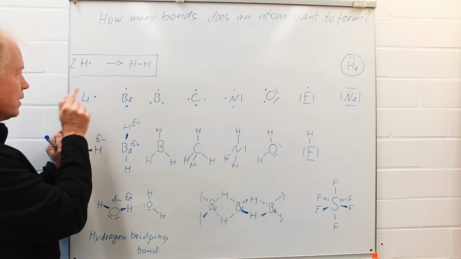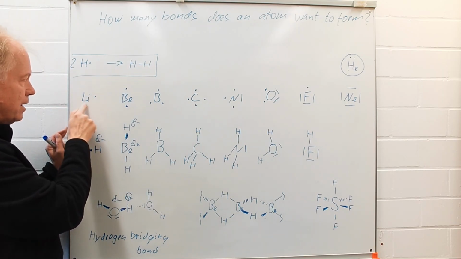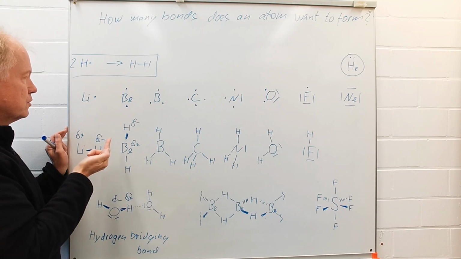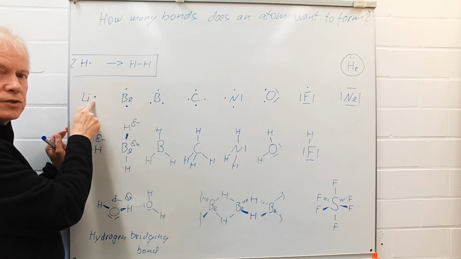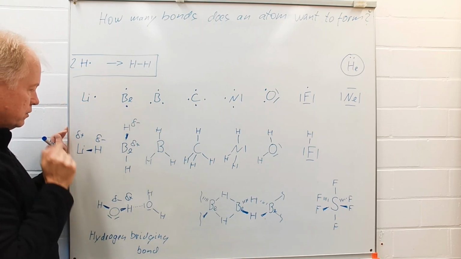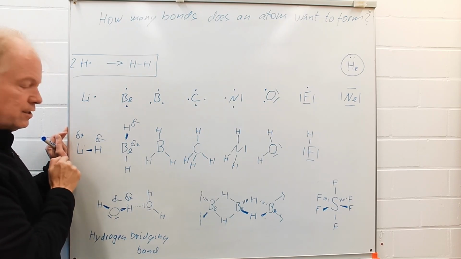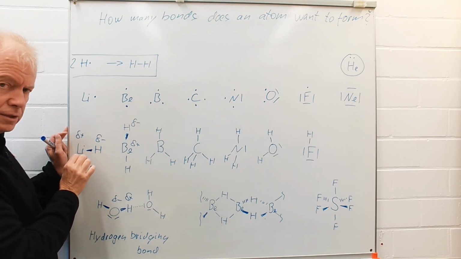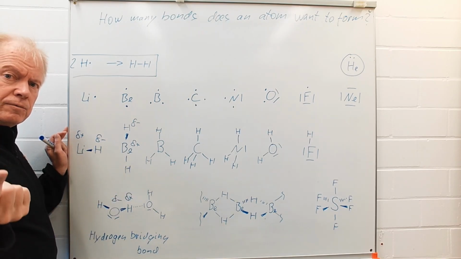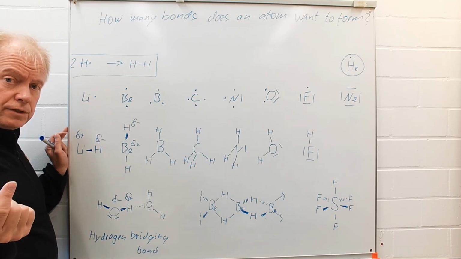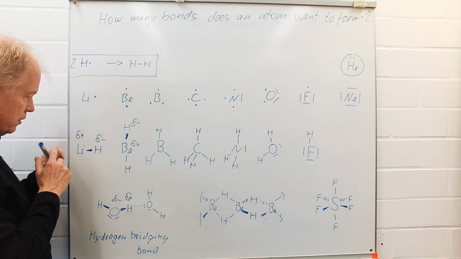Next period, lithium has 1 electron in the outer sphere and therefore is able to form a single bond, for instance, with hydrogen. The single bond is polarized. About electronegativity we had discussed in the preceding video.